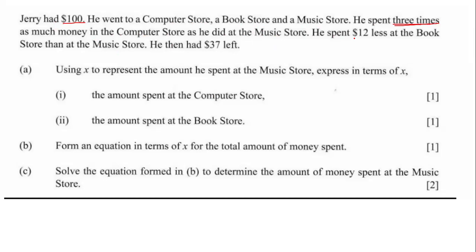He spent $12 less at the bookstore than at the music store. He then had $37 left. Using X to represent the amount he spent in the music store, in terms of X, express the amount of money that he spent at the computer store.